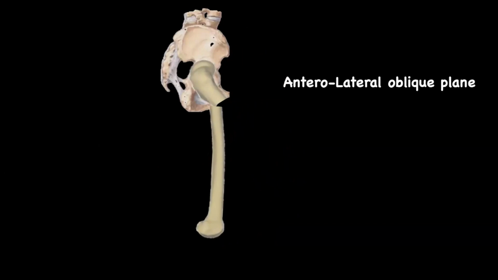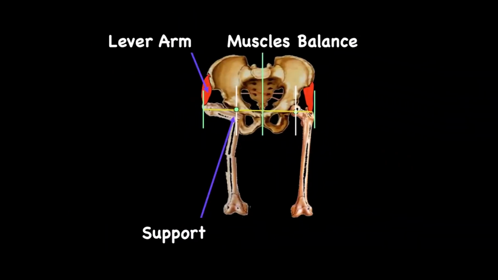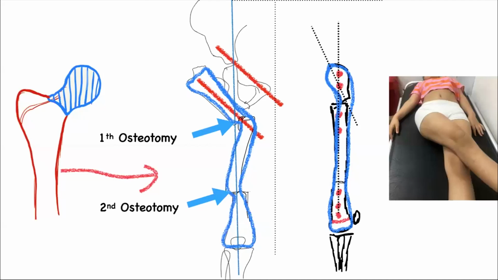Finally, we have an anterolateral oblique plane, and this oblique plane gives muscle balance with a lever arm and support of the pelvis. This support is between the proximal third of the femur, which is in valgus, and the iliopubic branch, in an oblique plane that you can see here.